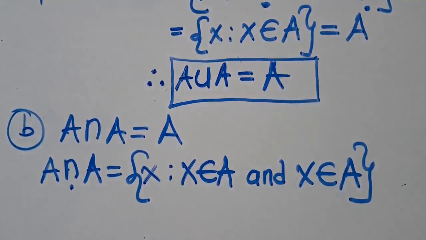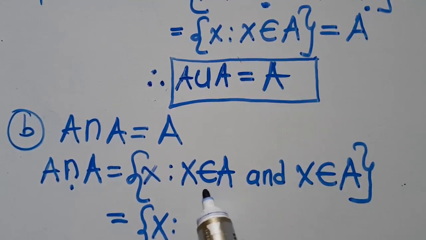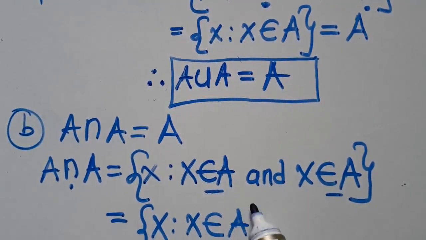The same way I'm doing them, that's how you also need to do them. This is the same as X such that there is A here, there is also A here. So we are just talking about X is a member of A.